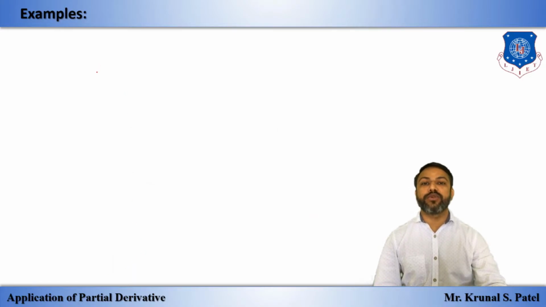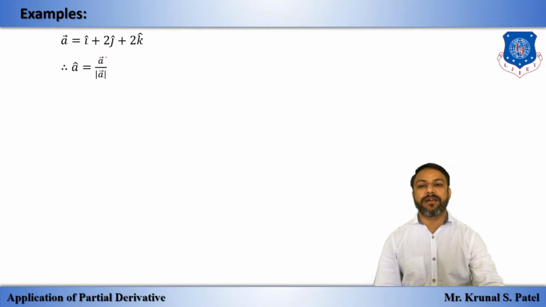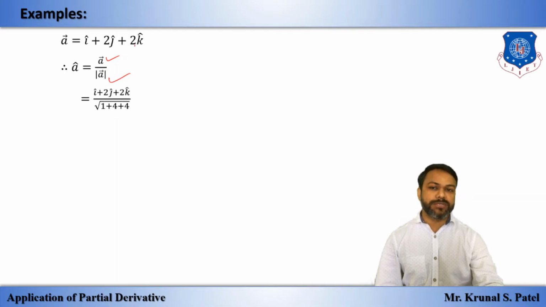Now we will find the unit vector of the given direction vector. So unit vector is given by vector divided by its magnitude. So the vector is i plus 2j plus 2k, and the magnitude of that vector is, as I told, under root coefficient of i whole square, coefficient of j whole square, and coefficient of k whole square, that is 1 plus 4 plus 4. 4 plus 4, 8 plus 1, 9, that means 3.